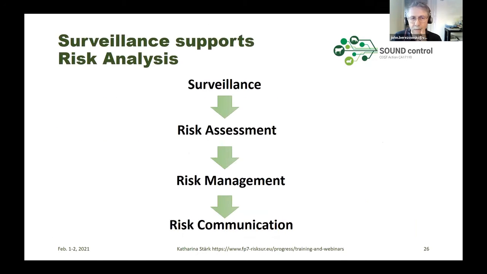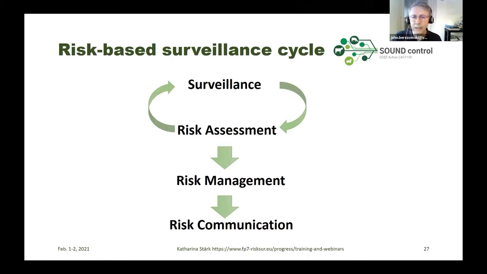So normally, in a risk analysis, we use surveillance information to support a risk assessment, risk management, and risk communication. But we have to be very careful if we're doing risk-based surveillance, if we use surveillance information to focus our surveillance on specific parts of the population.